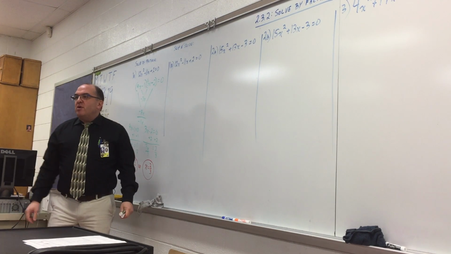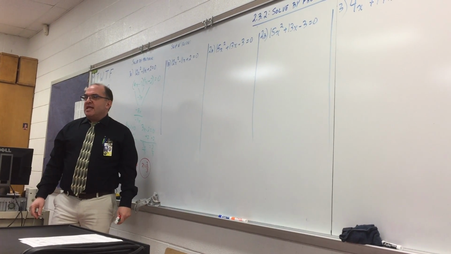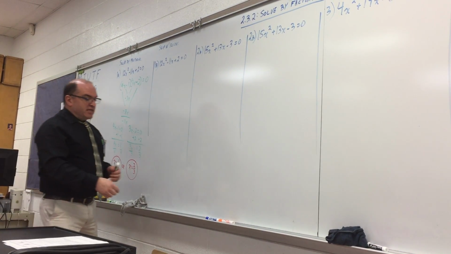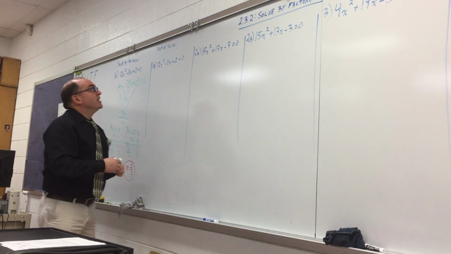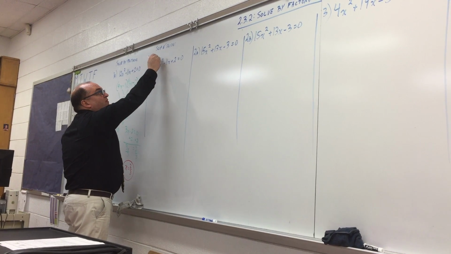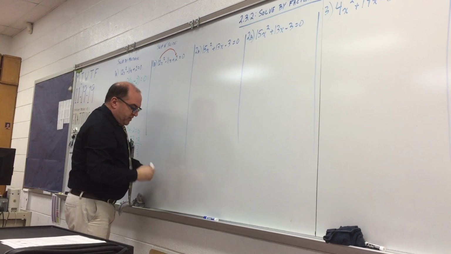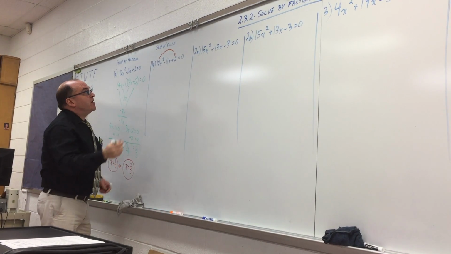I'm going to show you one more time that slip and slide method, in case you forgot. So slip and slide is like this. You take this 12 and you multiply it by this 2. 12 times 2 is 24.